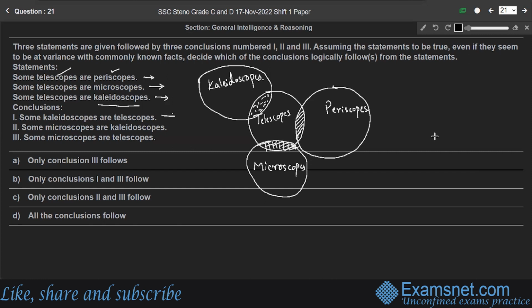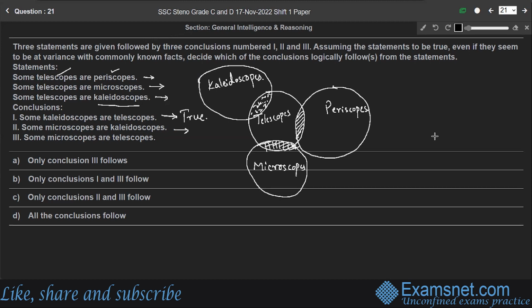So now come to the conclusion part. Some kaleidoscopes are telescopes. So some portion of kaleidoscopes are telescopes, which is true, which is vice versa of third statement. So conclusion 1 is vice versa of third statement. Therefore, first conclusion is true.